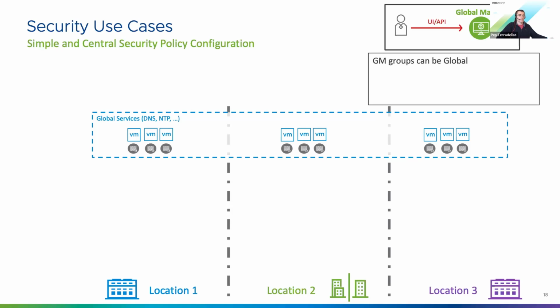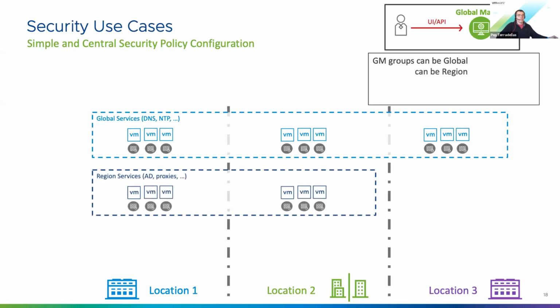When I say groups, I mean security groups. It means that we group objects that can be located everywhere. Wherever the VM is placed, it will be added into the security group if the security group is global.